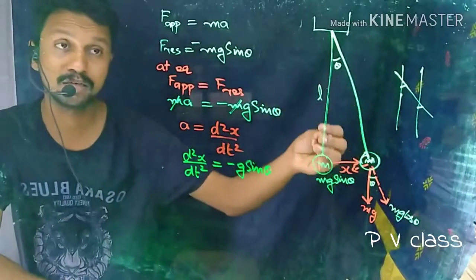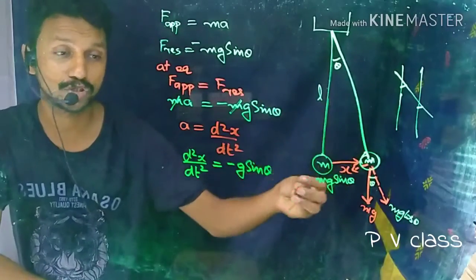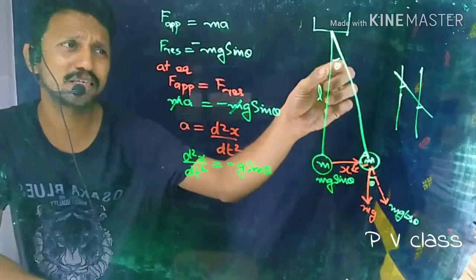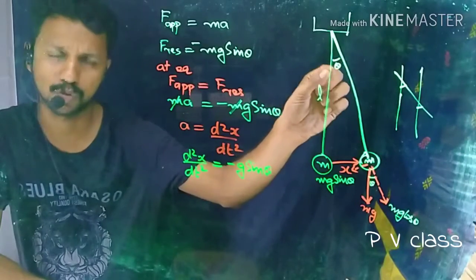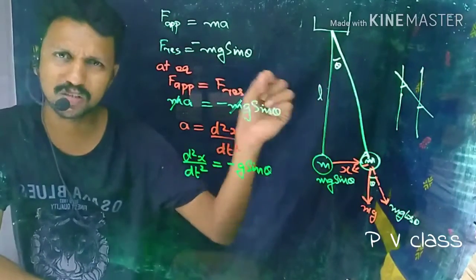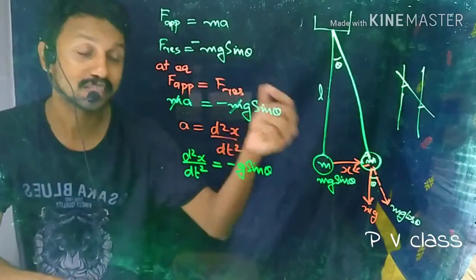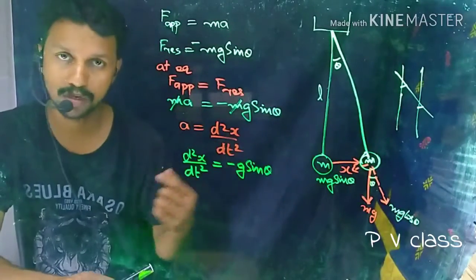In the simplified derivation of time period, let me consider the angle as very small. If the angle is very small, we could say sine of the angle is approximately equal to the angle.